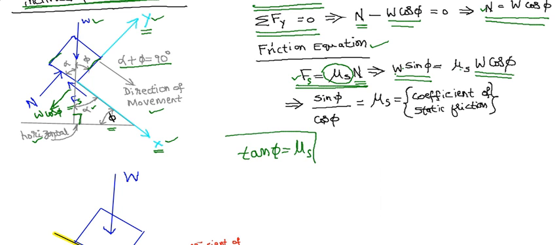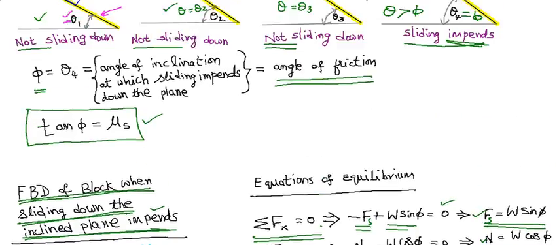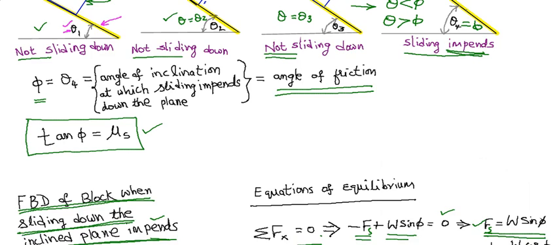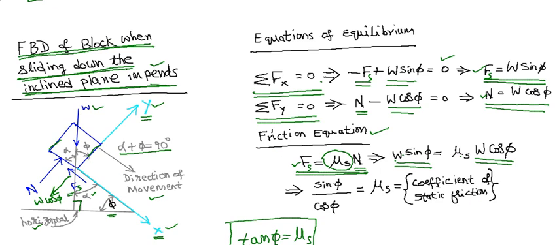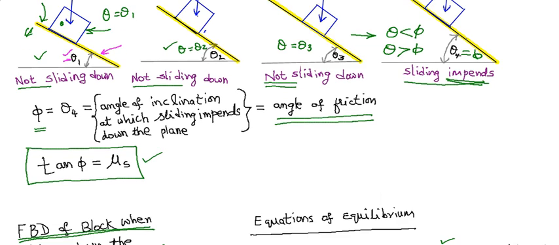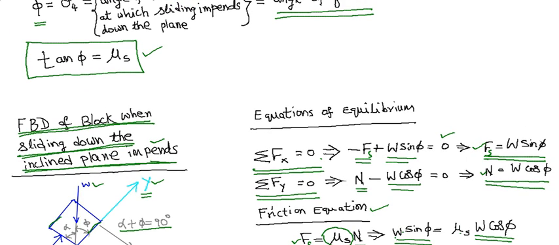So if we know the materials in contact, that is, if we know the material of this rough surface and the material of the block, we know what the coefficient of friction is.